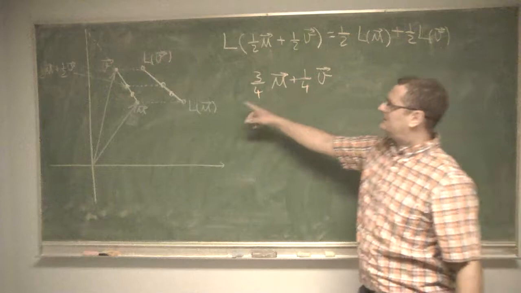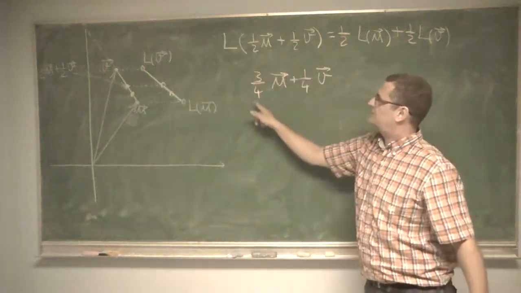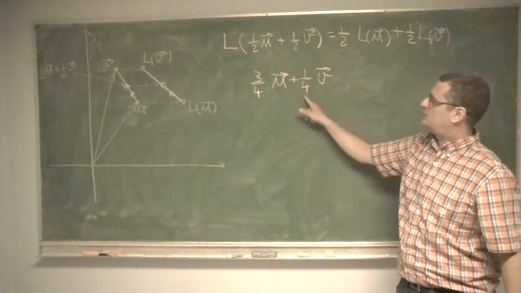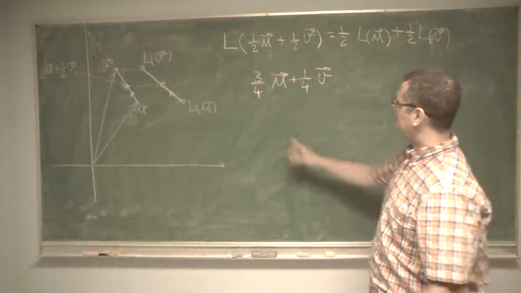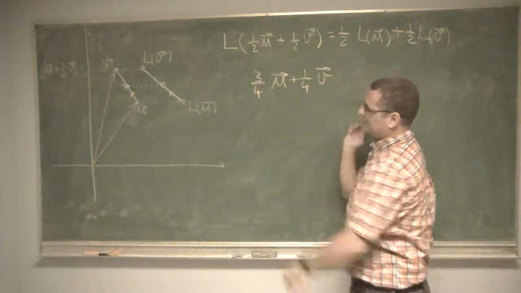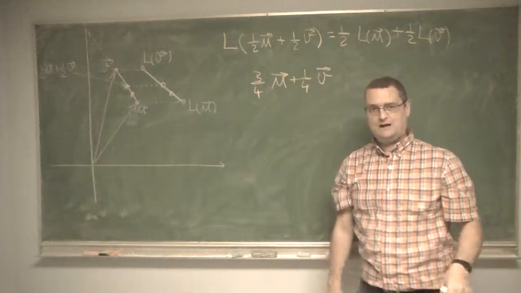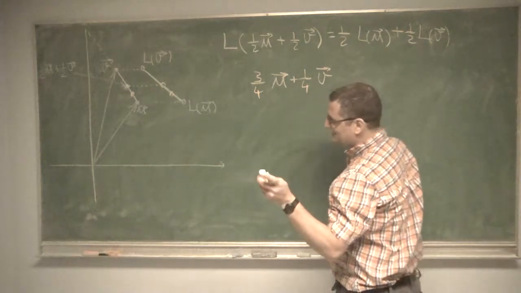So because it is 3 times closer to this point than to this point, this coefficient has to be 3 times the coefficient here. And the reason why I divide by 4, well, actually they need to add up to 1, these two coefficients. Why is it so?